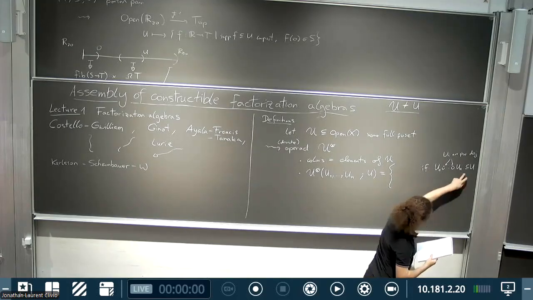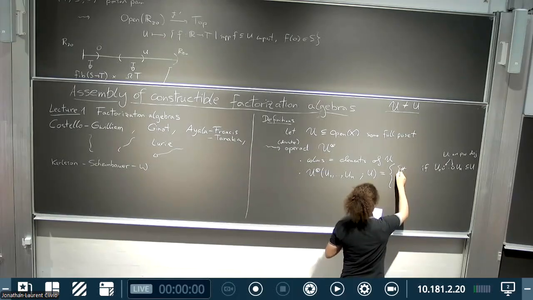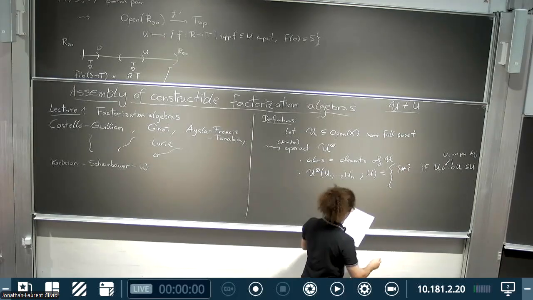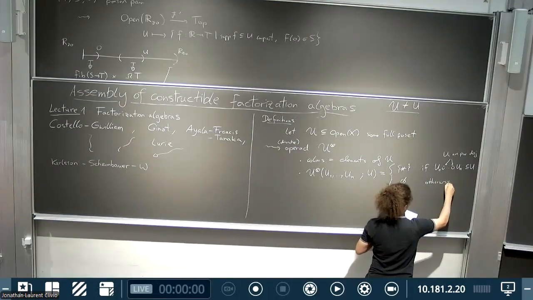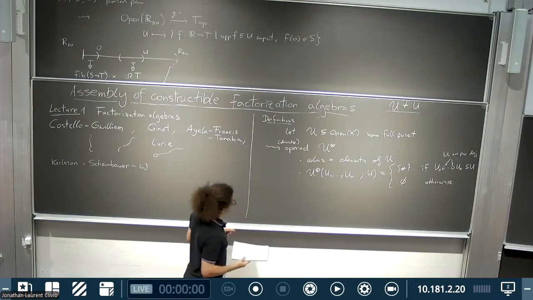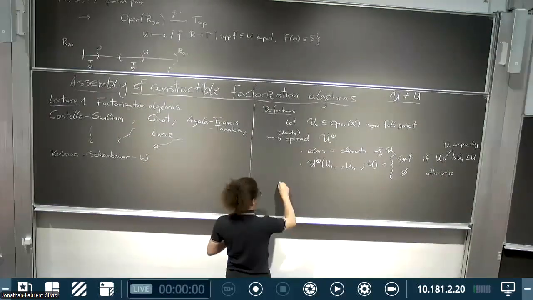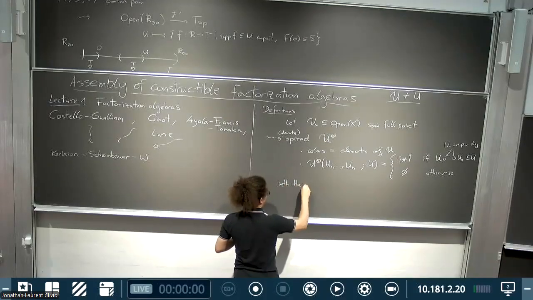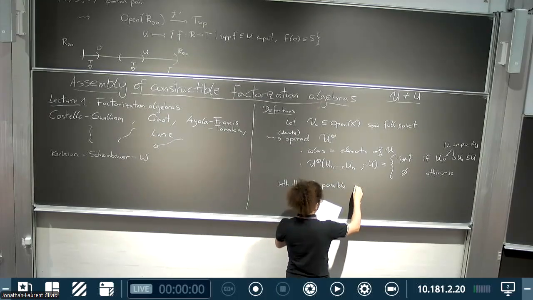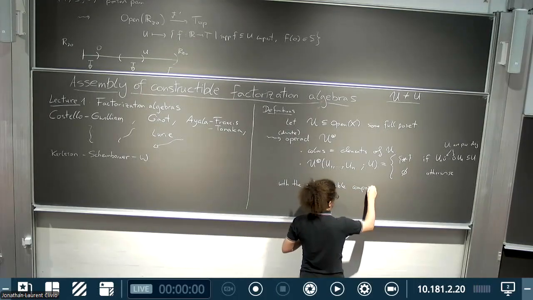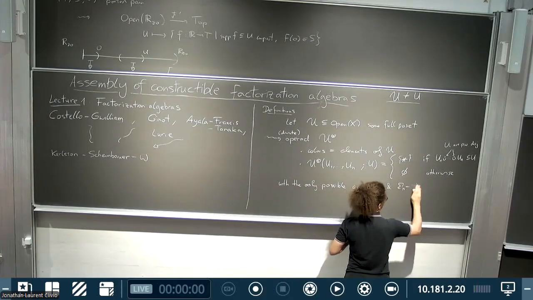So they're all contained in U and they're pairwise disjoint. If this is the case, then we have a single operation from these to this, and otherwise we have no operations. With this definition, there's really only one way to turn this into an operad, with the only possible operad structure, like composition and sigma n structure.